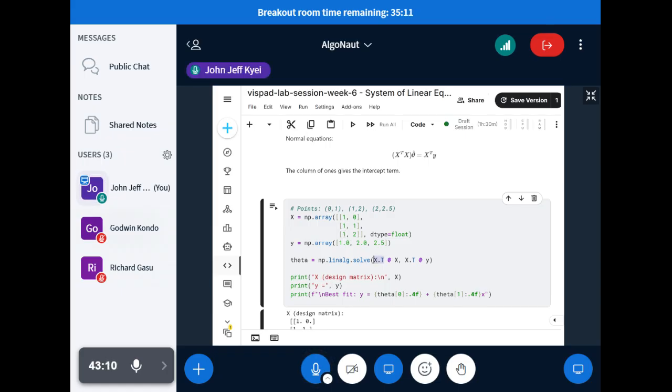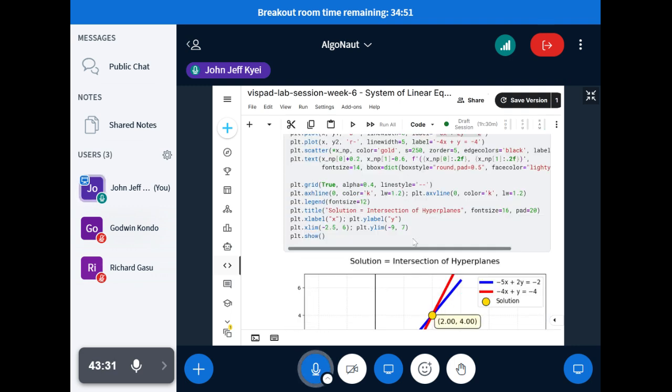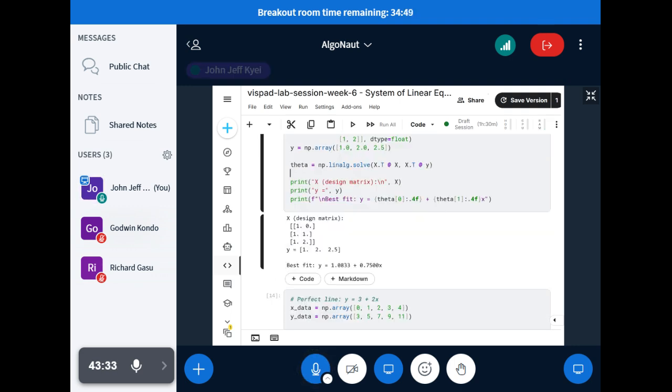It multiplies this and this, and I do the same for the y aspects over here. We solve it with the linear algebra solve, which does the calculation explicitly without actually taking the inverse, which we proved up here is more numerically stable than having to take the inverse of it, right?